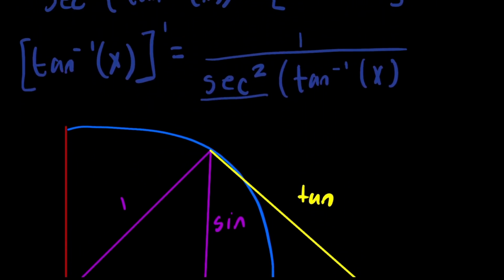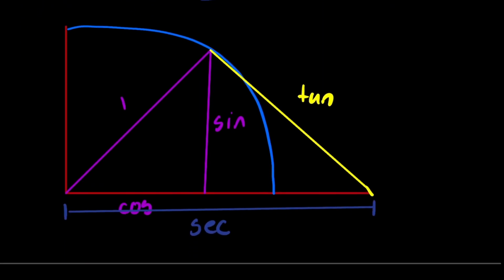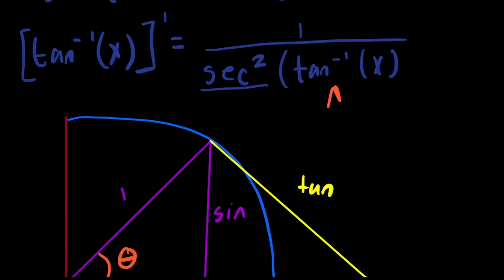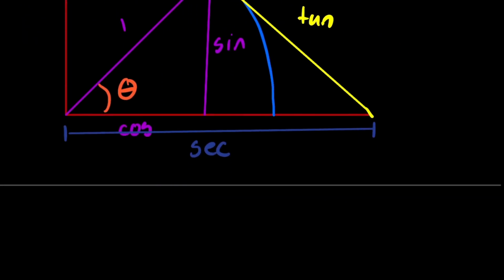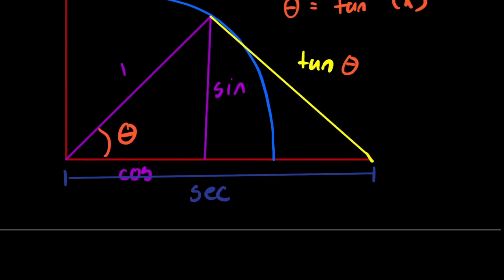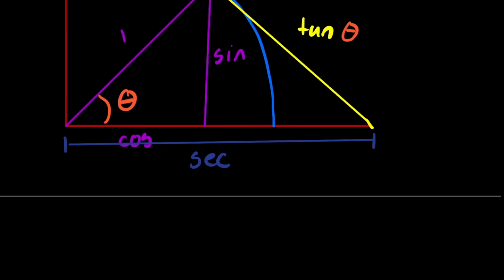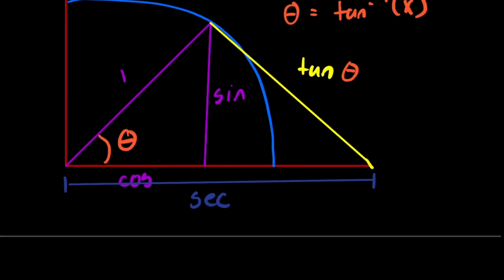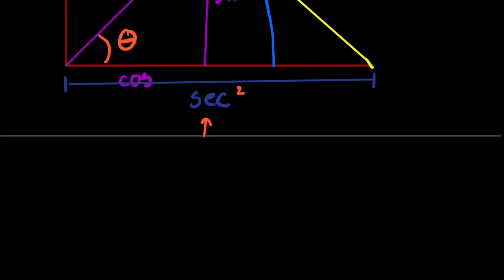Is secant squared. So we can see that if we take our theta here, which our theta is once again just going to be this number right here. So theta equals inverse tangent of x. And we say tangent theta and 1, if we take this and square them both, it'll give us this squared, because once again, we're looking at a right triangle.